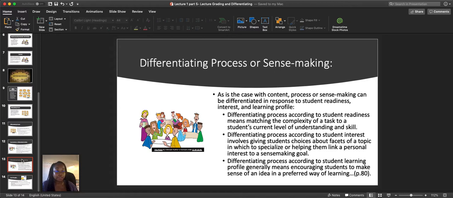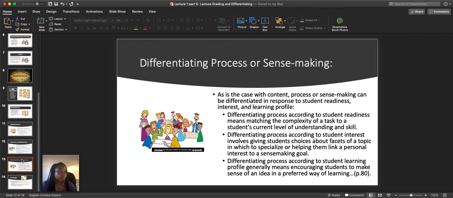Once they leave your classroom, the new knowledge will be gone, and when they come back they'll try to find it or make sense of it, but it becomes a kind of dead zone, because the information just gets dropped into a bucket where they never remember, and it's unconnected and never really becomes something of relevancy. So it's important that they connect it to their own sense-making goals and link it to personal interests.